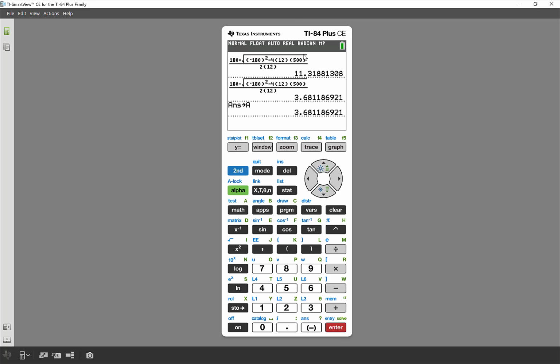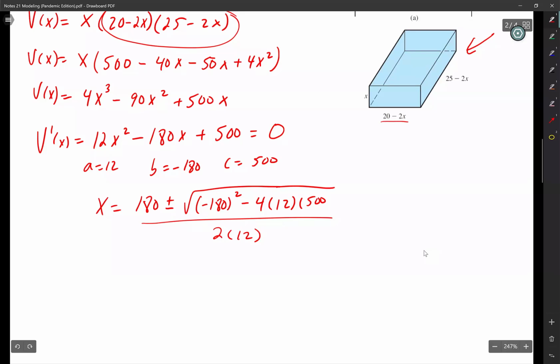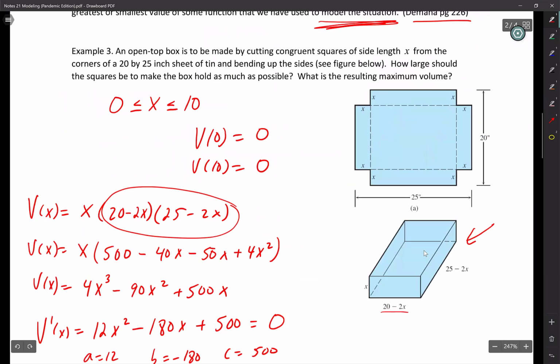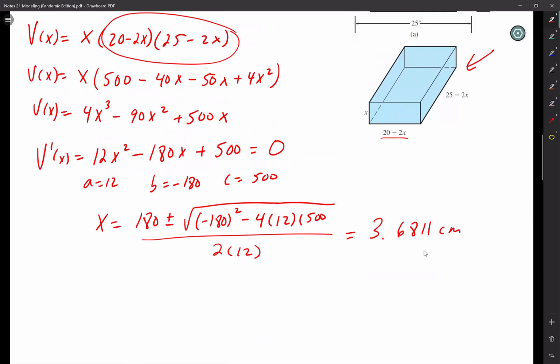All right, let me go back, and don't worry, we're going to use it in a little bit. So I'm going to come back, and I'm going to say that this gives me an answer, and what was it? 3.6811 centimeters. At least 3 digits. If you can put more, put more. So now they want my dimensions.